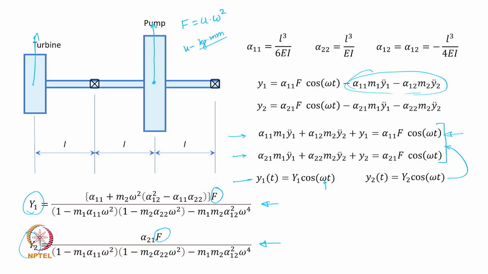Quite powerful. In fact, if you look at these equations in y1 and y2, they are going to have the influence coefficients arranged like this in matrix form, and that way you can use it for many discs on the shaft, as many degrees of freedom as you would like to include.